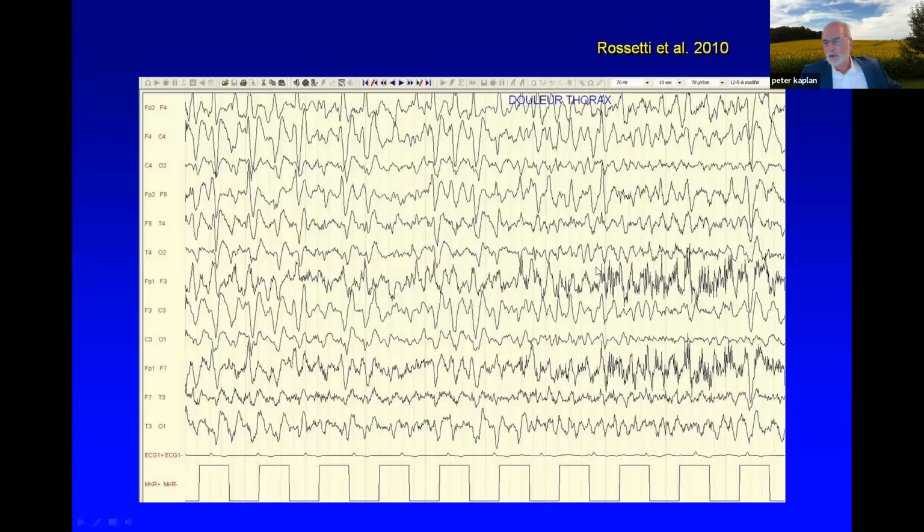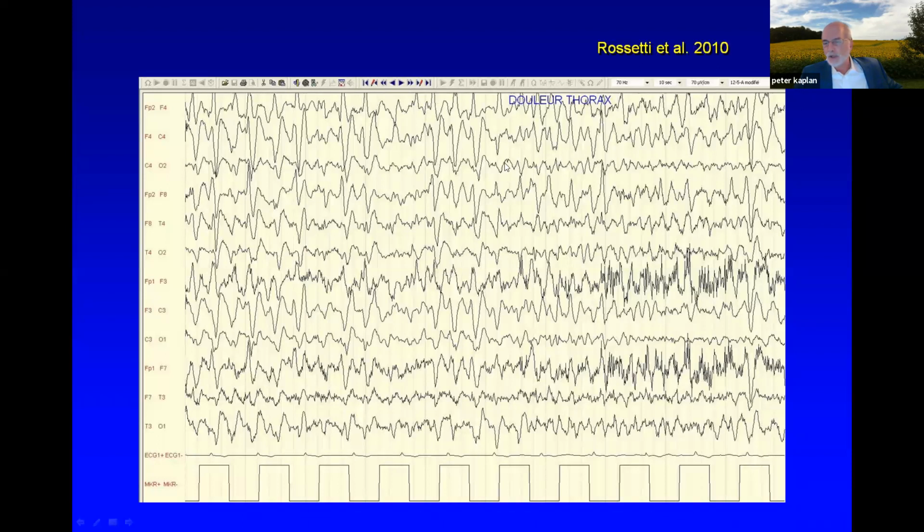This, however, is a post-anoxic patient who had seizures, and post-anoxic seizures and status has a very grim prognosis, with the exception of this pattern in which you see a lot of intervening faster activity, and the patient has fully normal brainstem reflexes and an image, a CT or an MRI that does not show pervasive damage.